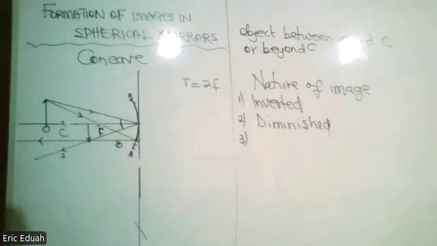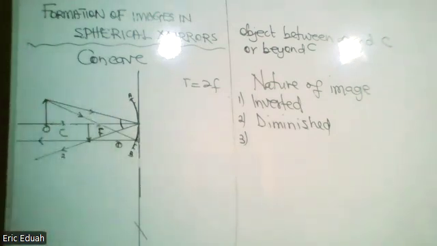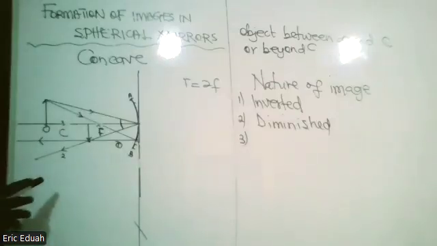Now, under spherical mirrors or mirrors generally, when an image is formed in front of the mirror, it is real. When it is formed behind the mirror, or at the opposite side of the object, it is virtual.